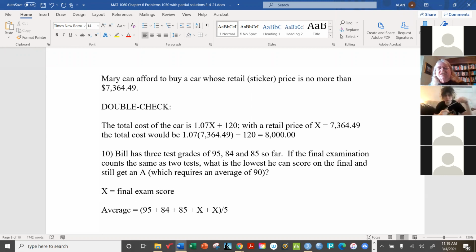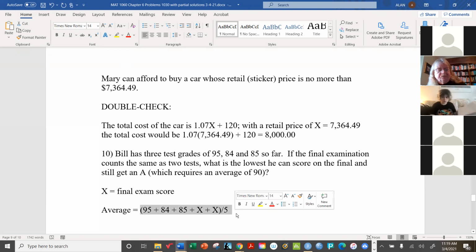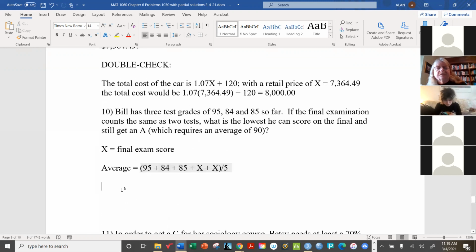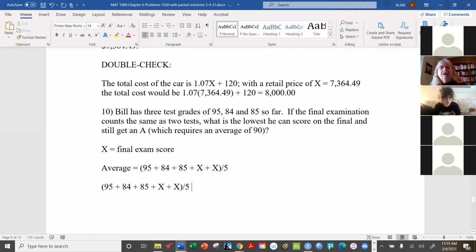Now, the thing is, this has to be at least 90 for him to achieve his objective. So therefore, this is our inequality. It must be at least 90. It could be more, but it can't be less.